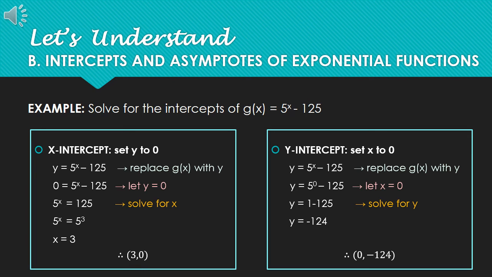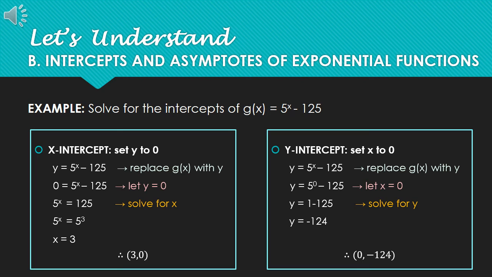Then the next step, we let y equals 0. So we now have 0 equals 5 raised to x minus 125. And then we now solve for x. Simplifying the equation, then we get the value of x, which is 3. So our x-intercept is coordinates 3, 0.